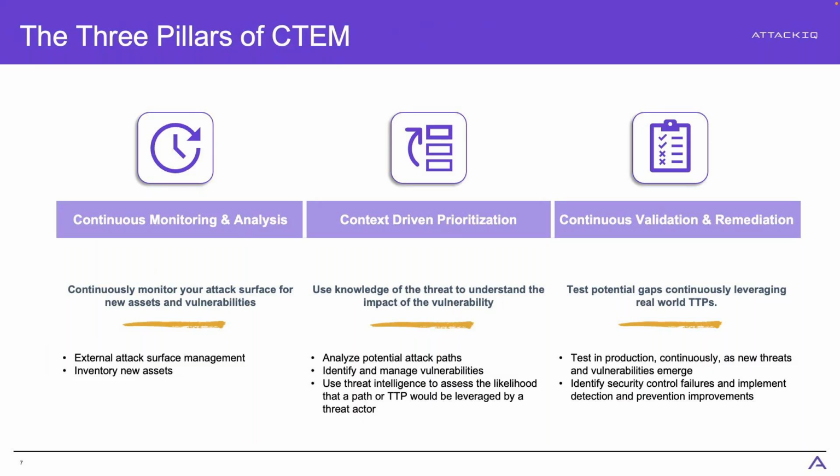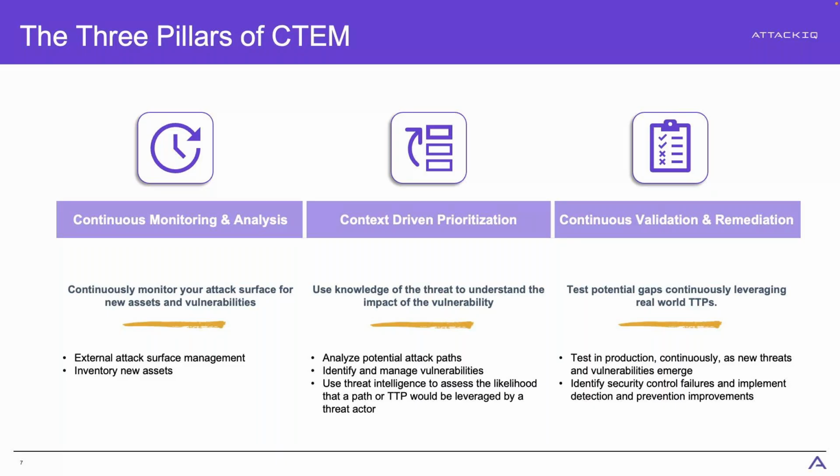We prioritize context. So we use the knowledge that we have of the threats along with the environment to show what the real impact would be based on any given vulnerability. How many times have we all gotten this question as we look at our vulnerability management data of, okay, great, this is a high or critical vulnerability, but is anybody actually using this, or is this an actual threat to our environment?